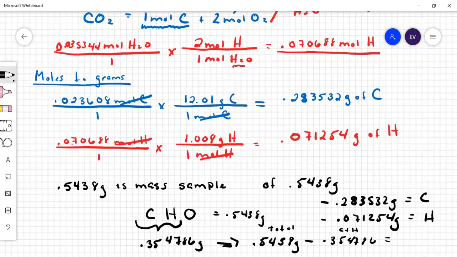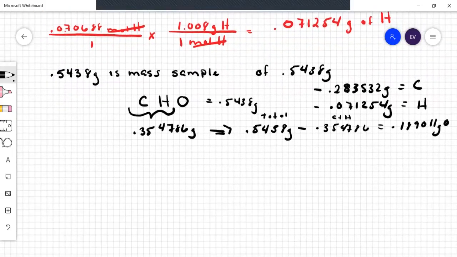Hope I got that right. You would end up with 0.189011 grams of oxygen. Does that make sense?